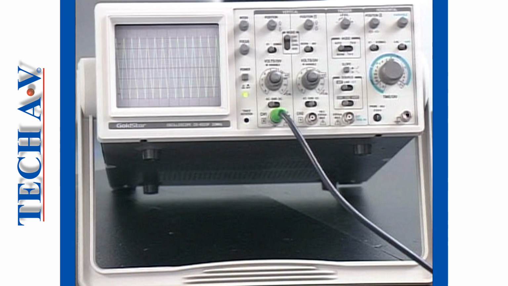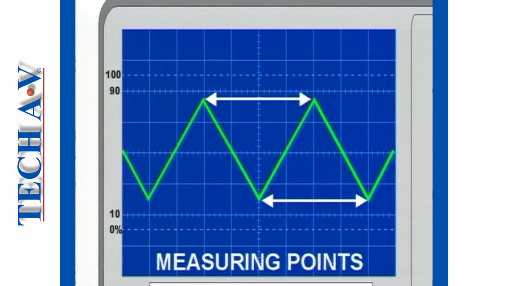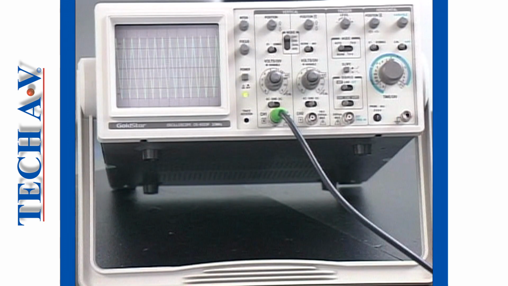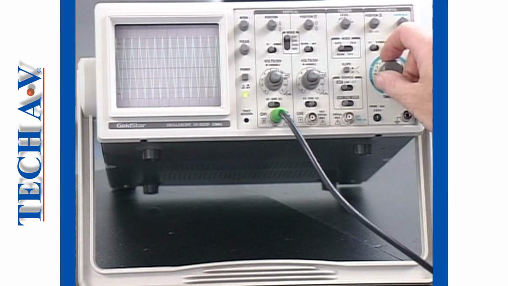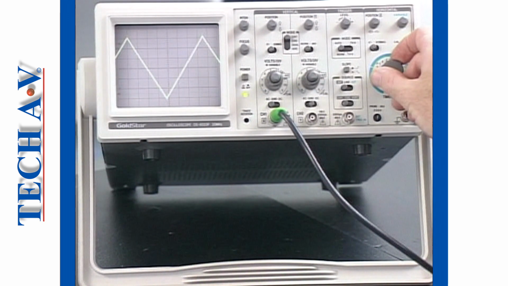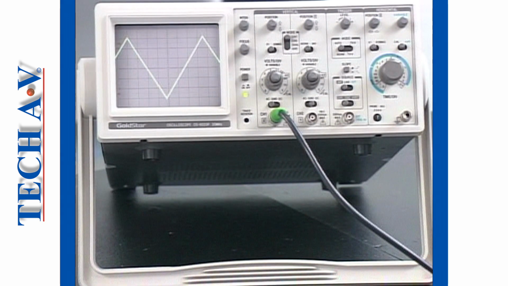The measurement of period is taken from any convenient point on the waveform to a point where the waveform repeats itself. Suitable measuring points exist between consecutive positive or negative peaks. To measure the period, adjust the horizontal time base to display 2 to 3 cycles.